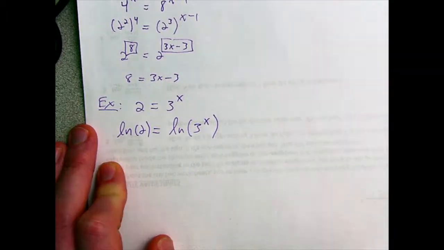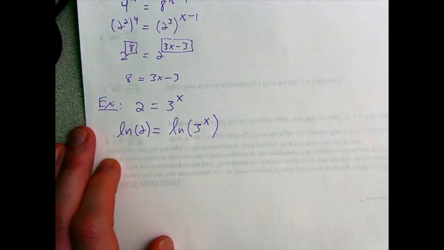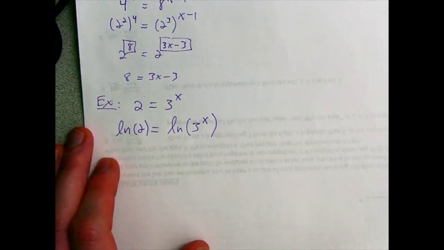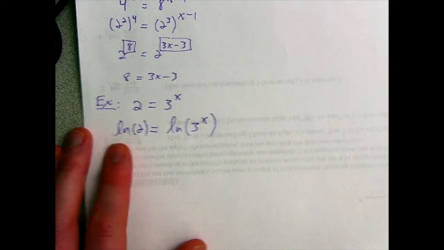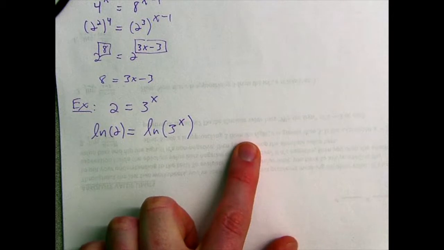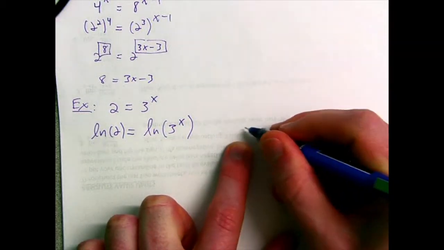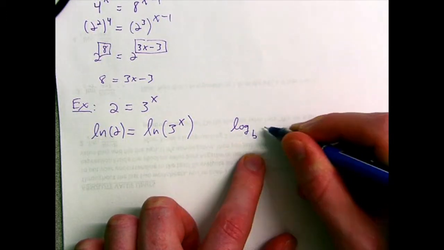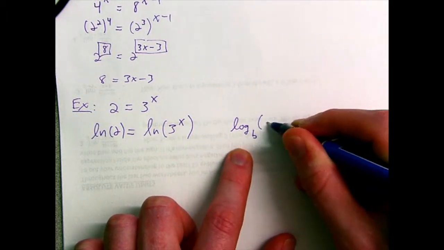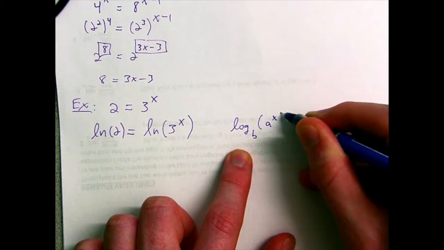Now, when you first look at it, it seems like I've made things worse, but here's what you have to do. You have to remember that there is this log law, a rule about logarithms that we talked about a couple of lessons ago, and it says the following. I'll remind you what it is. It says log base b of a to the x.